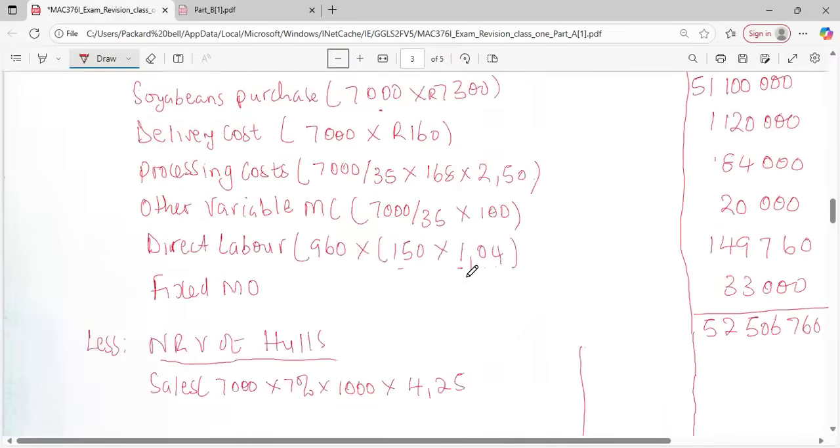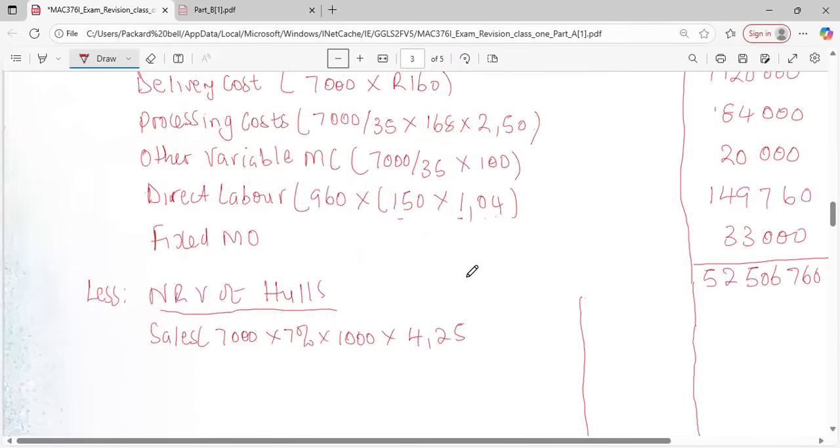So the first thing is to find how many tons. So it's going to be 7,000 times 7%. So we have 490 tons. Then we convert them to kgs times 1,000, then times 4.25.